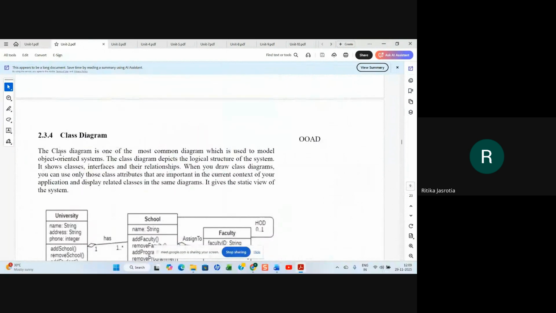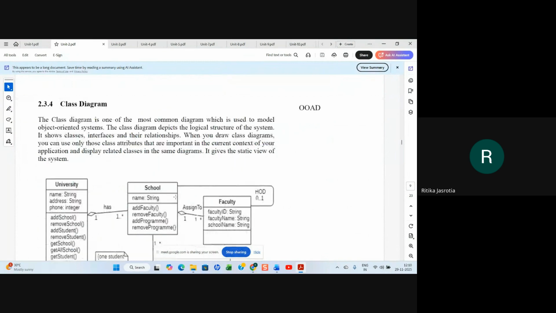So in the second unit in block 1, the class diagram is one of the most common diagrams used to model object-oriented systems. The class diagram depicts the logical structure of the system. It is a static or structural diagram. It shows classes, interfaces, and their relationships. When you draw a class diagram, you can only use those class attributes that are important in the current context of your application and display related classes in the same diagram.